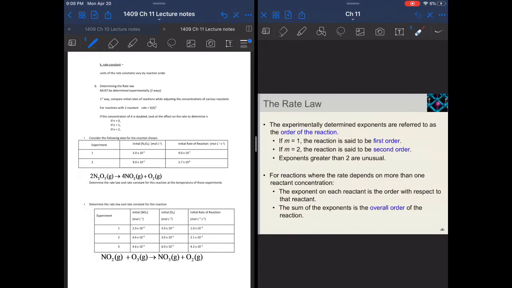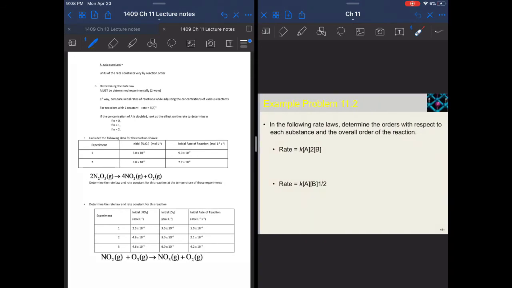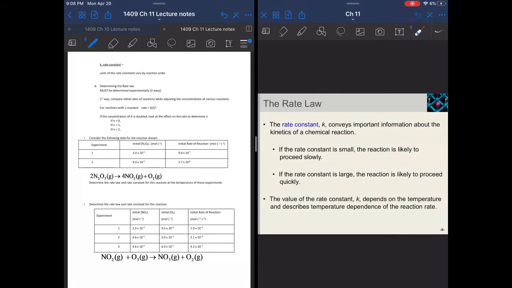Before we move into actually determining it, let's talk for a minute just about K. K is your rate constant, and it gives you important information about the rate, right? Is this going to be slow versus fast? If it's really small, then it's going to be a slow reaction. A really large K is going to be fast. The units of K depend on the reaction order.